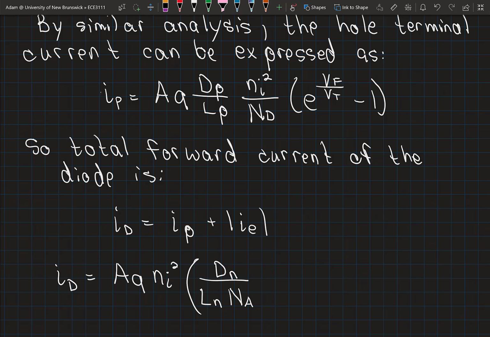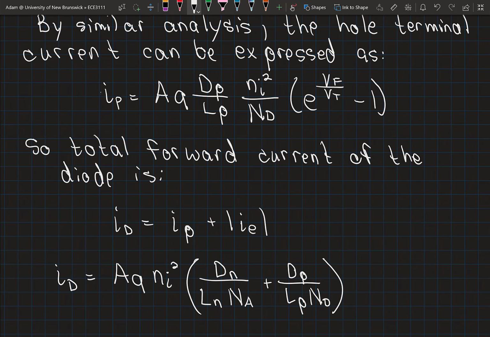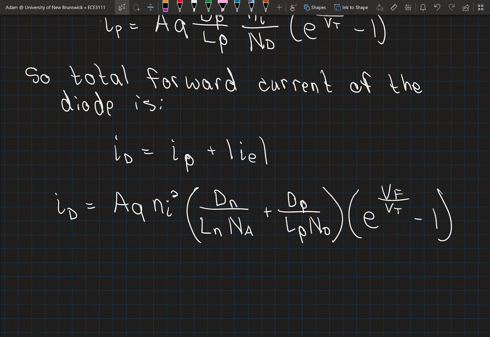So that's the component due to diffusion of electrons. Due to diffusion of holes, we have the diffusion constant for holes, the diffusion length for holes, and my concentration of donor atoms times, again, e to the Vf over Vt minus 1. Okay?